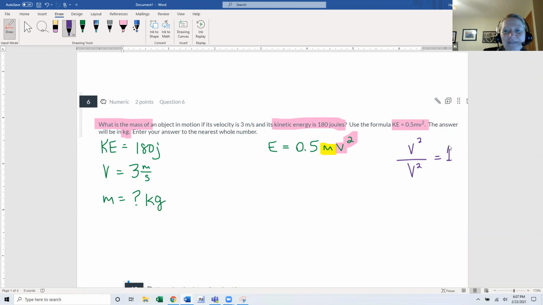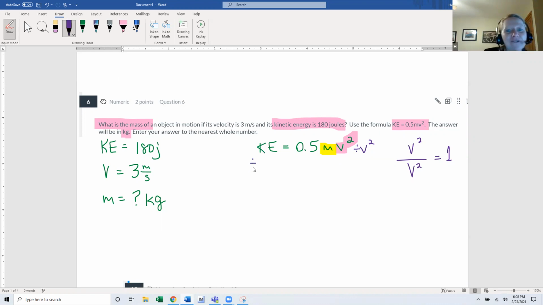Okay, so if this is true, that means we could divide this side by v squared, and this becomes 1. If I do that, I must do the same thing to the other side.